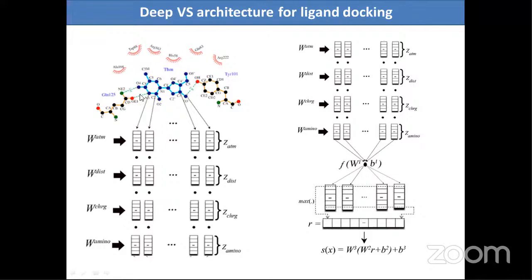You need to go with the distance between the atoms as the weight distance, the second parameter. You need to go with the charges employed in the interaction as the weight charge, and the weights of the amino acids which are involved in the interaction. These are the weights which you employ in the model.